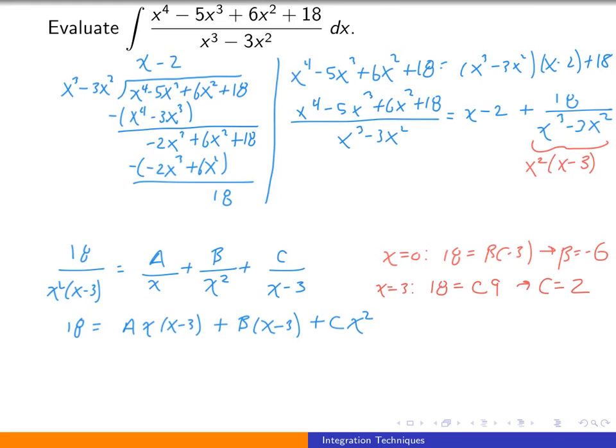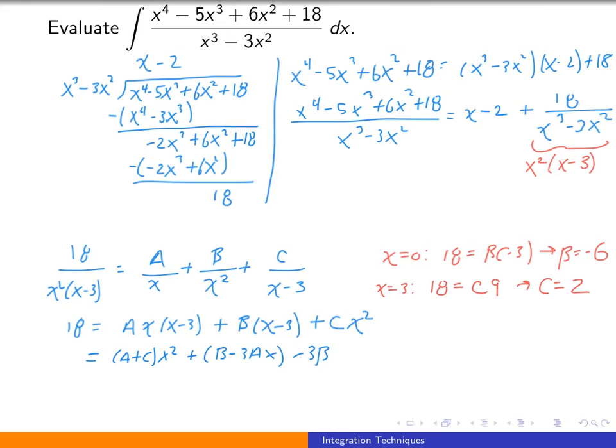So in order to solve for that constant A, we'll just go ahead and algebraically expand on the right. Here it's just going to be one equation to solve for A. So we have A plus C x squared, B minus 3A x, and minus 3B.